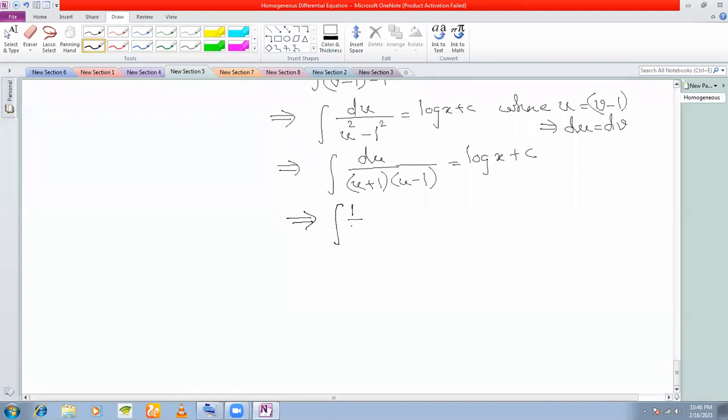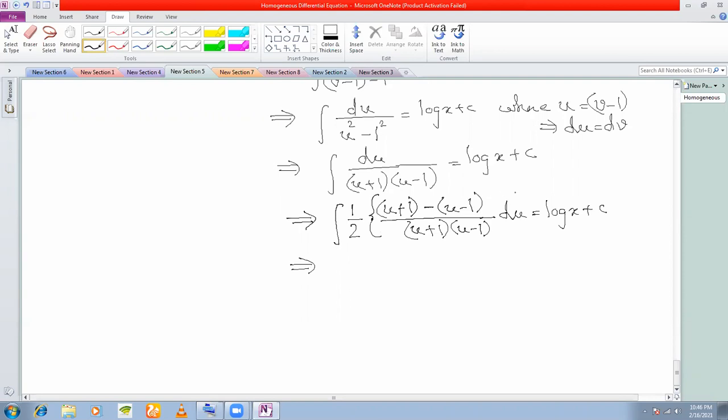You can write this as half of u plus 1 minus u minus 1 divided by u plus 1 into u minus 1, du, is equal to log x plus c, right?